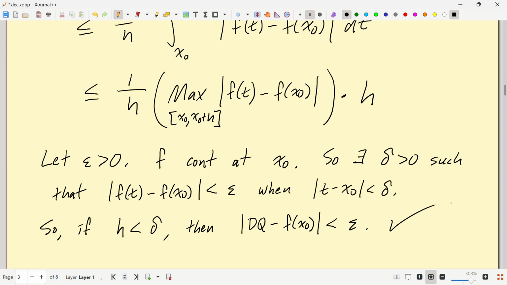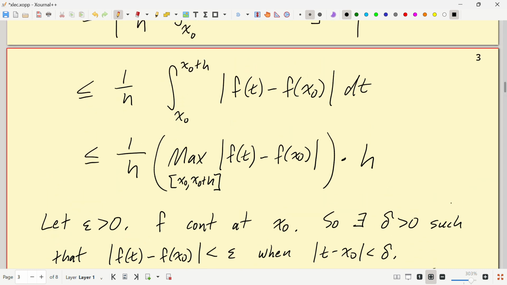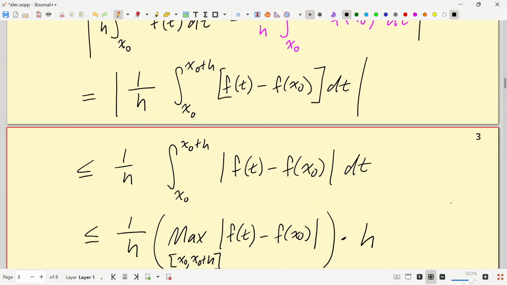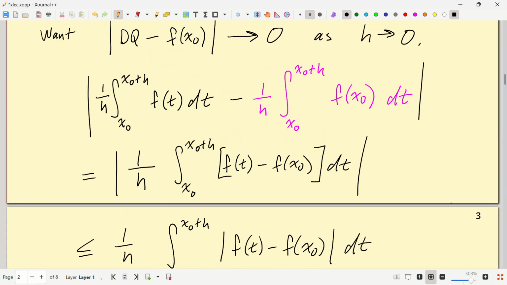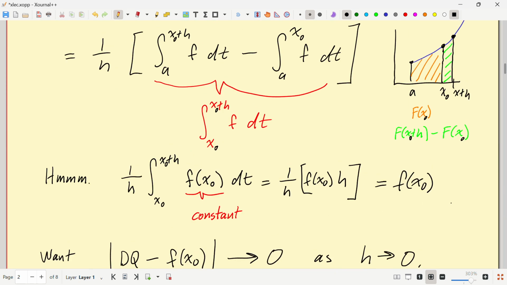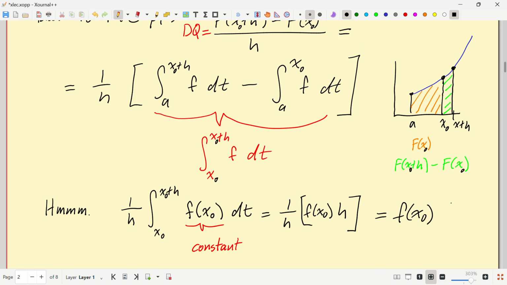Okay, so if I was going to give a freshman picture proof of that thing, what would I do? I got my picture back there. There it is. I would say, look, when I subtract those things, I get this little tiny area right here. f of x naught times h would be the area of the rectangle under the red line.